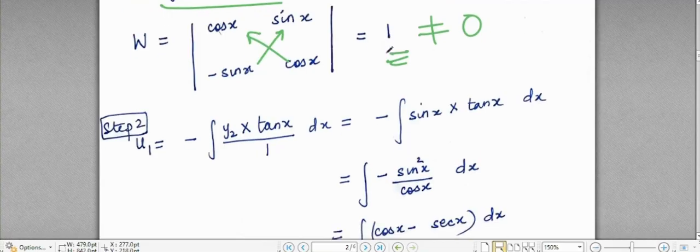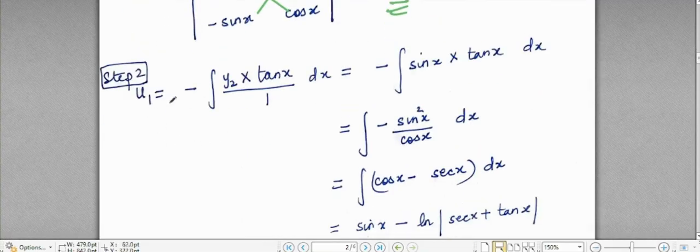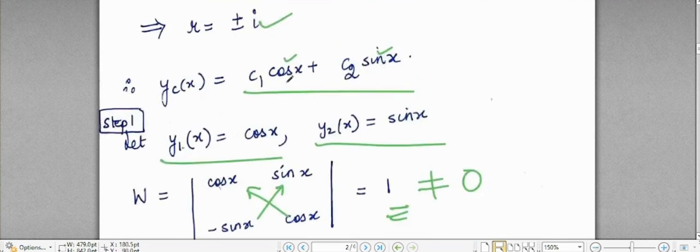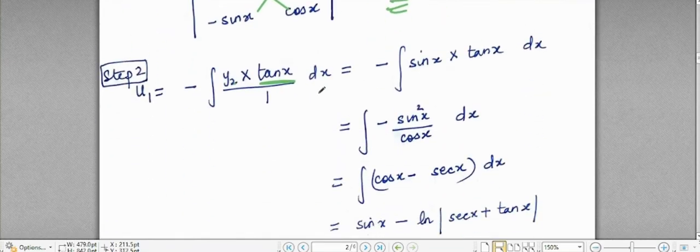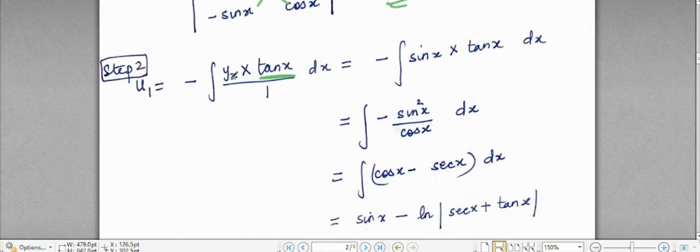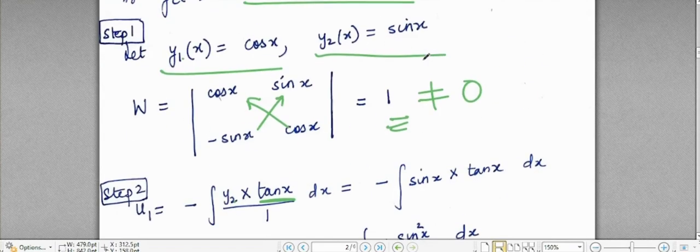Now the first function u1 is given by minus y2 into the right hand side. The right hand side function here is tan x. You have to decide this tan x only when this coefficient is 1. Otherwise, you'll have to divide by it for figuring out what the right hand side is. So according to the formula, it's minus the integral of y2, the second function, which is sin x.